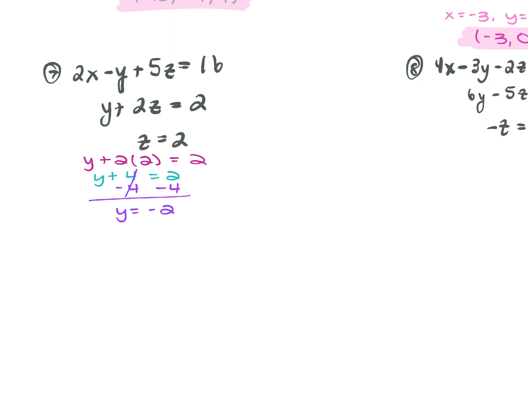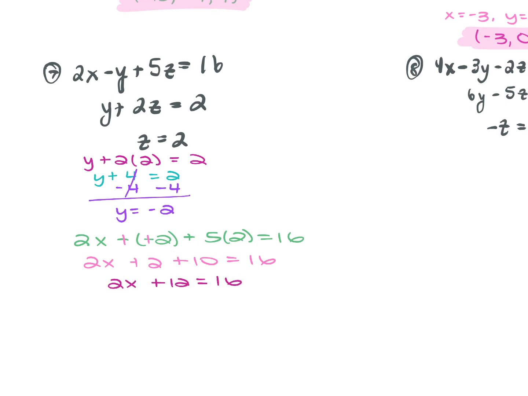Now solve for x. Plug your y and your z into the top equation. That gives you 2x minus y, which is negative 2, plus 5 times z, which is 2, is equal to 16. Your double negatives turn into positives. That gives you 2x plus 2 plus 10 is equal to 16. The 2 plus 10 gives you 12, so that's 2x plus 12 is equal to 16.